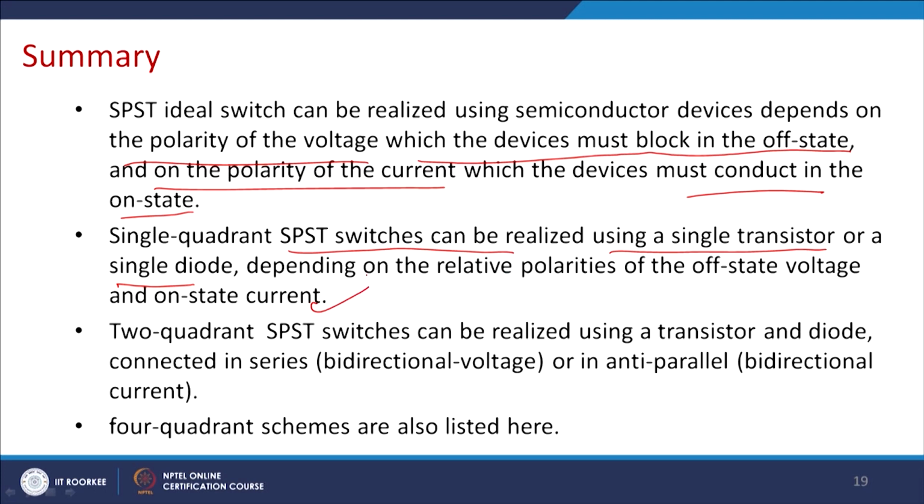And 2 quadrant SPST switches can be realized by a transistor and a diode connected in series for bidirectional voltage, or anti-parallel for bidirectional current, and 4 quadrant switches can be realized by 2 SPST or 2 SPDT switches.